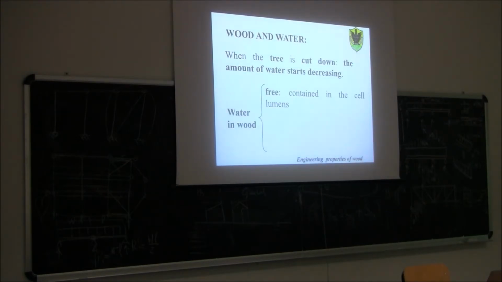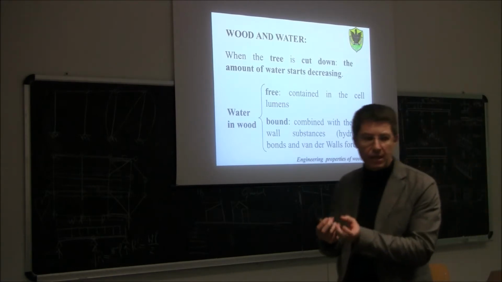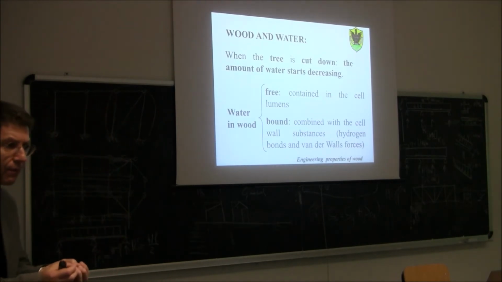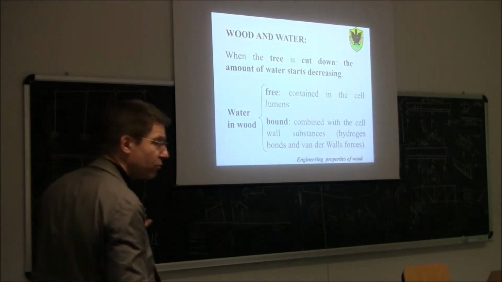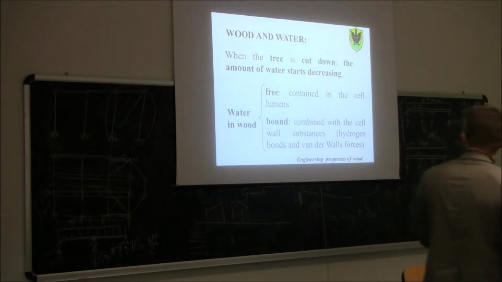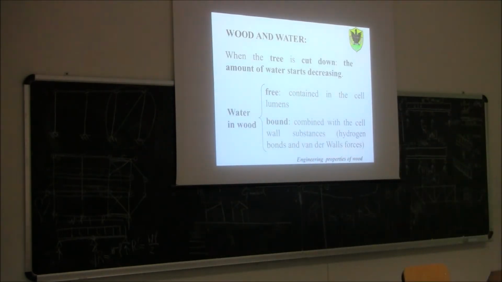The water present in the wood can be defined as free water, the water which is contained in the cell lumens, those cavities, and bound water, the water which is present in the walls of the cells. So the walls of the cells also have some water inside. In this case, it's called bound water because the molecules of water are bound with the molecules of the wood.